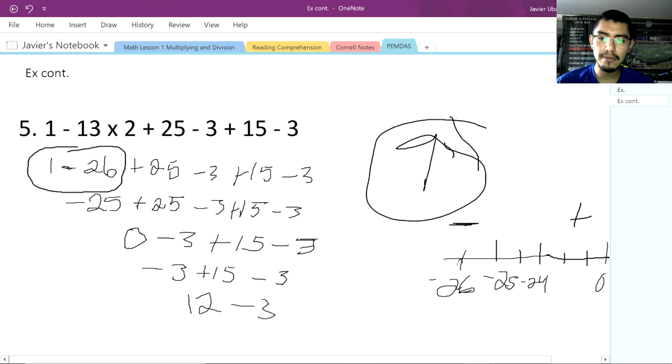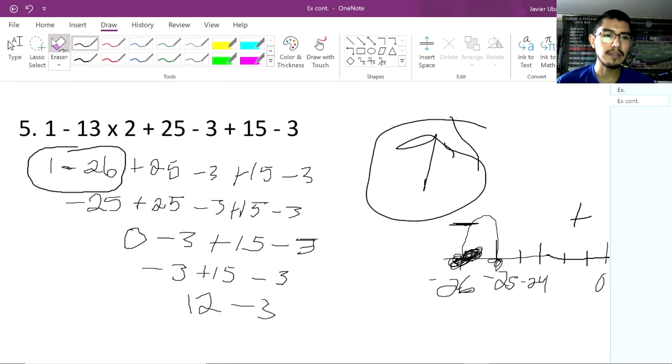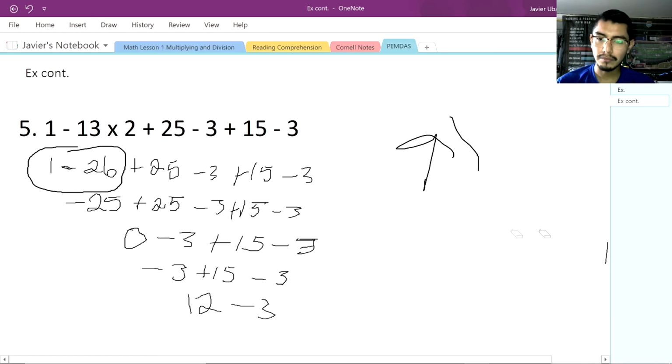So we have a negative 26 right here, and that's 1, positive 1. So we're going to go to the right, and the answer is negative 25. So that's how we got negative 25. Okay, so that's how you want to do your adding and subtracting negative numbers. Oh, I think I just pressed the answer, but it's going to be 9.